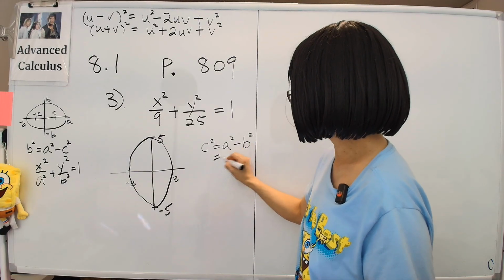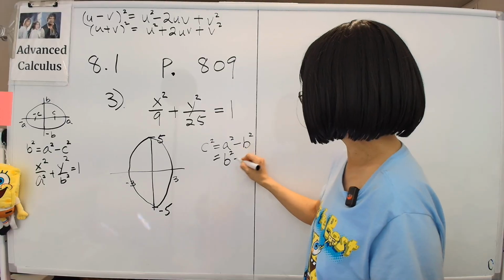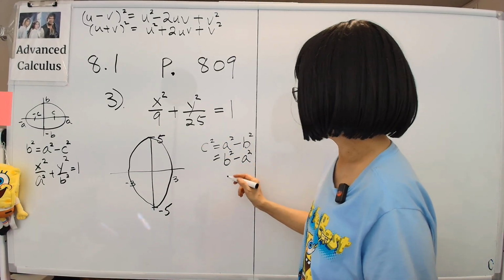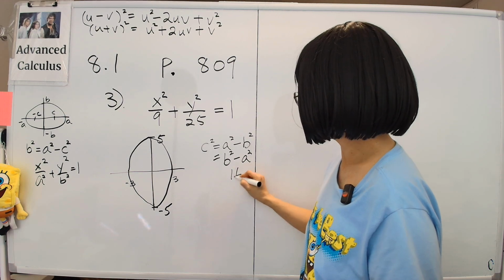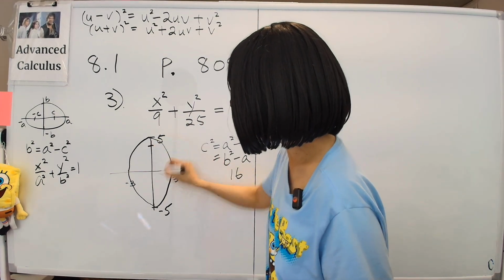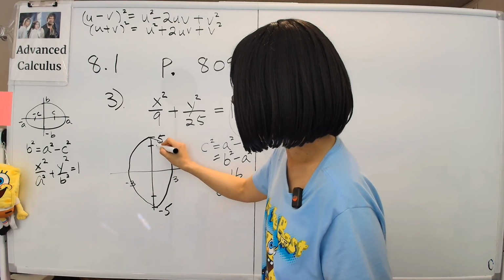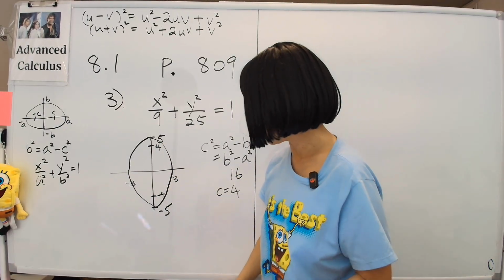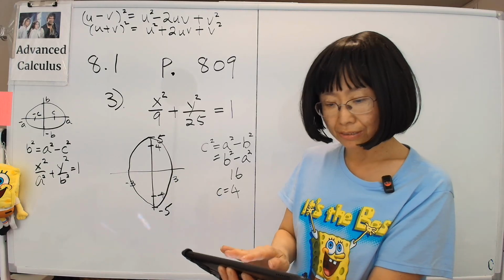So we'll call it b squared minus a squared, which is 25 minus 9, and that is 16. So c equals 4. The focal points are then at 4 and negative 4. And that's all the information required from this example.